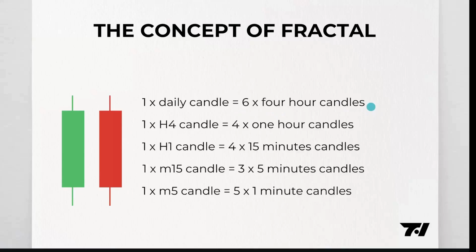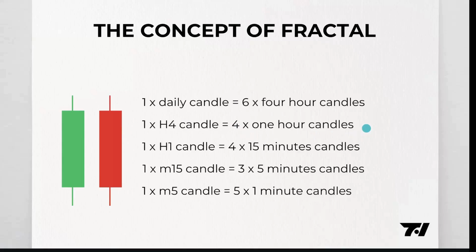Does that make sense? And then if you look at the 4-hour candle in the 4-hour time frame, obviously, one of those candles is made out of 4 of the 1-hour candles in the 1-hour time frame.